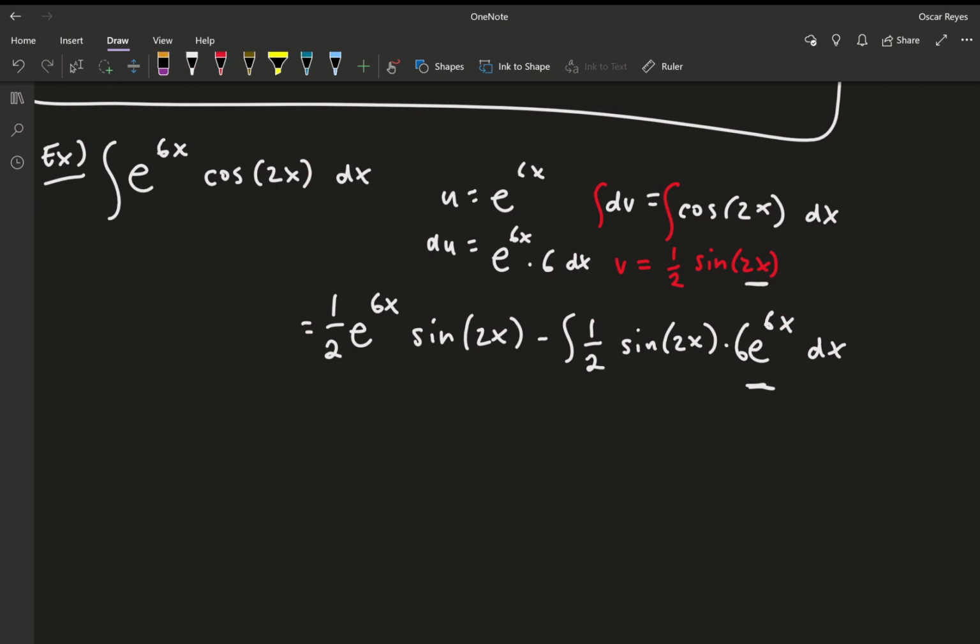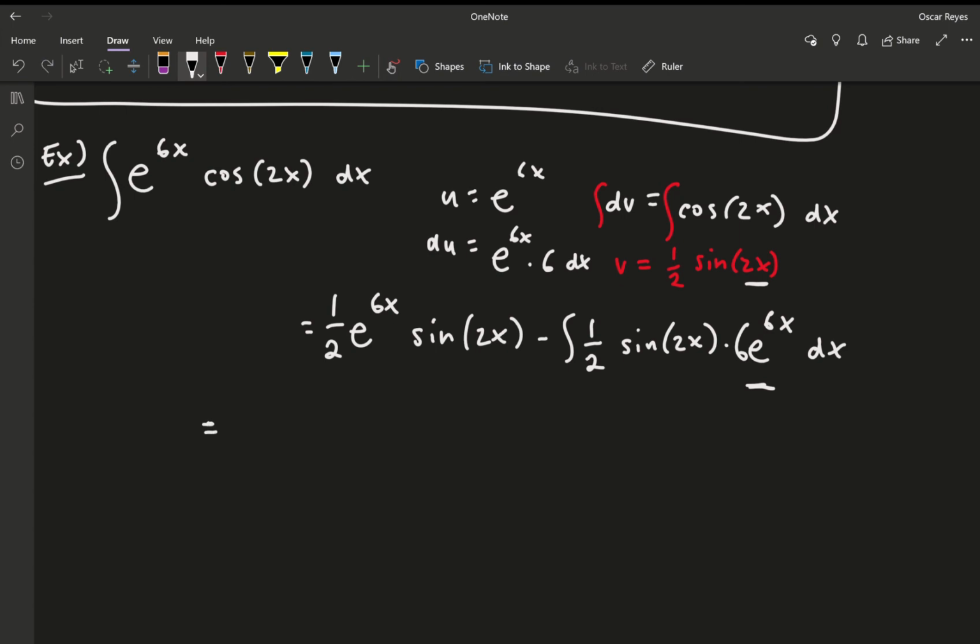But if we take the integral of sine of 2x, we're definitely going to get another cosine, and if we take the derivative of e to the 6x, we're going to get at least an e to the 6x back. So if we take another integration by parts, we possibly could get our original equation back. So let's go ahead and do that.